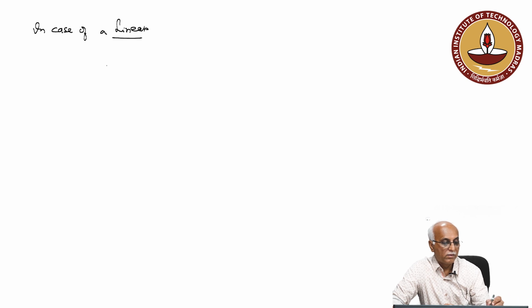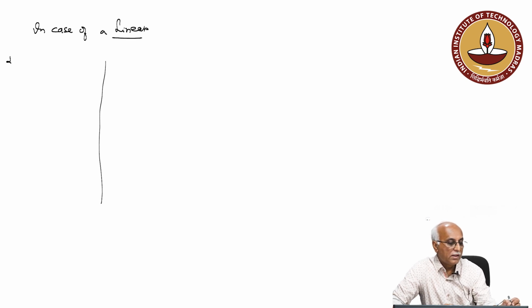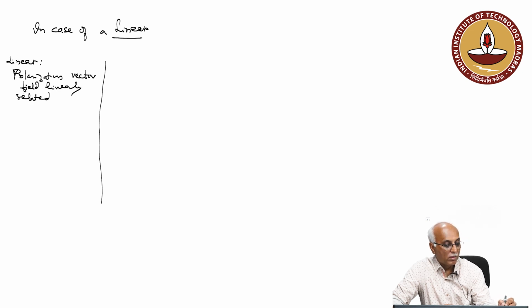I'll explain here. Linear means that the polarization vector field is linearly related to the electrical field of the electromagnetic wave in space and time.